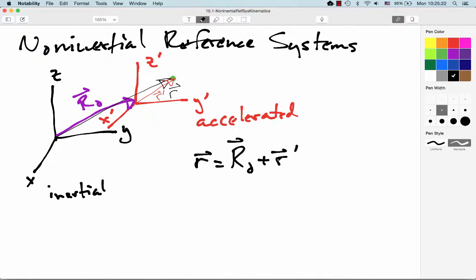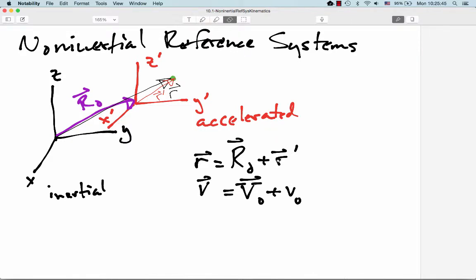And we can go ahead and happily differentiate this away. So the velocity measured in the inertial frame would be v naught, so that would be the velocity of the origin of the accelerated frame with respect to the inertial frame, plus v prime.